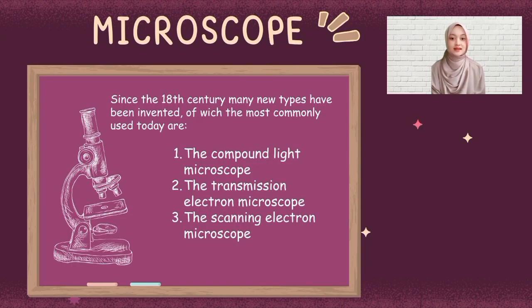Since the 18th century, many types of microscopes have been invented, but the very commonly used ones are written below. Let me elaborate on that. Firstly, the compound microscope, also known as an optical microscope: the lens will refract light to give a magnified image of the object.